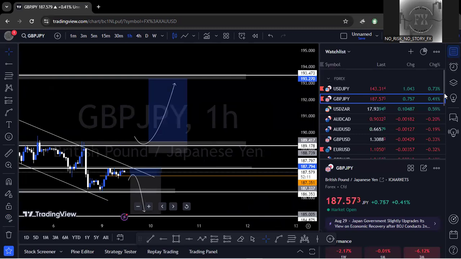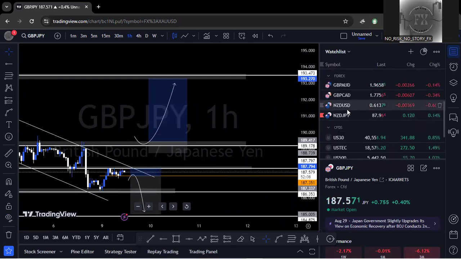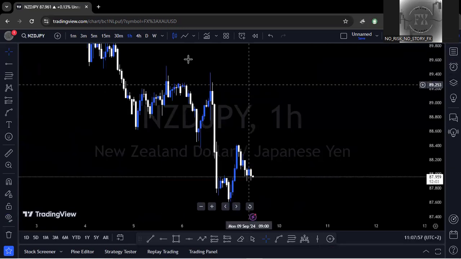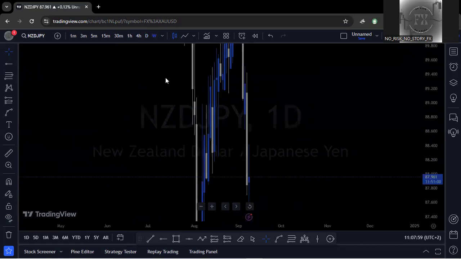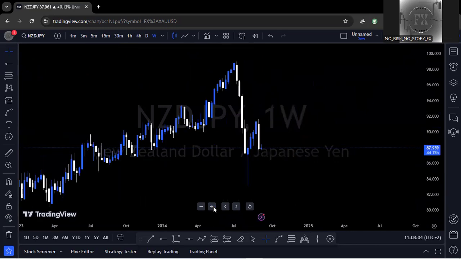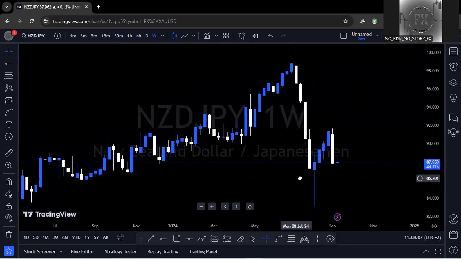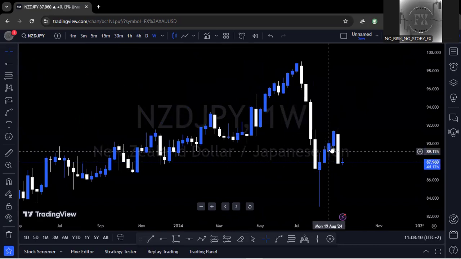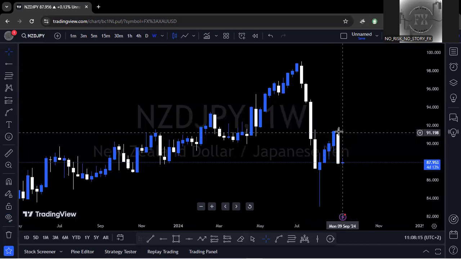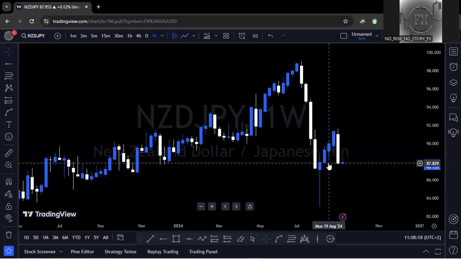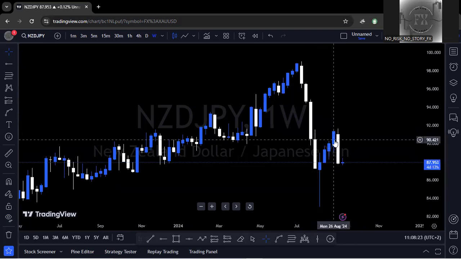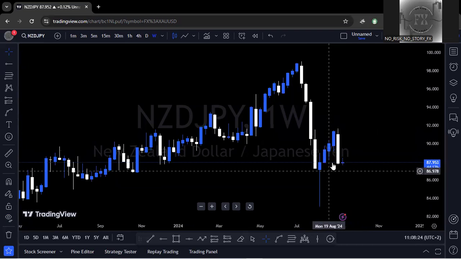So now if you go to NZDJPY, yeah, NZDJPY. I like to go to my weekly time frame first, quickly. So here, as you can see, it's the same thing. 4 weeks of work was taken down, not all of it, but more than half of it, by just one candlestick.